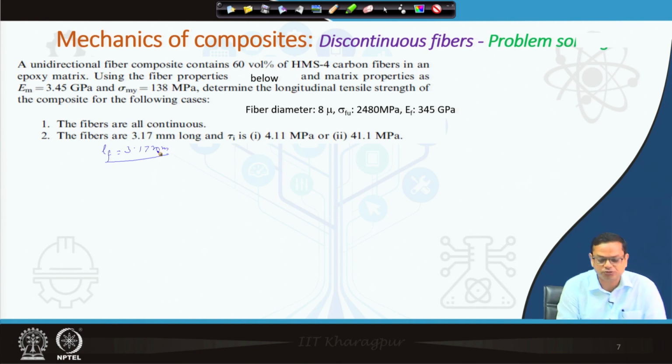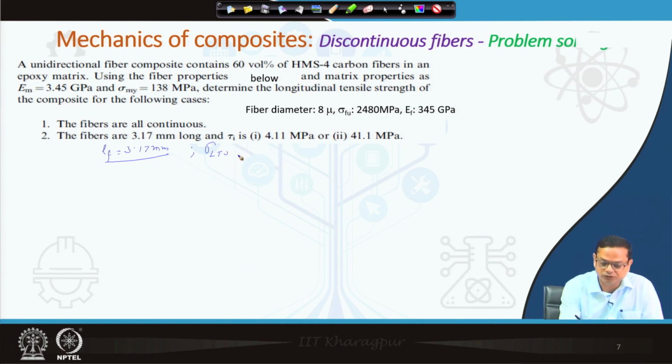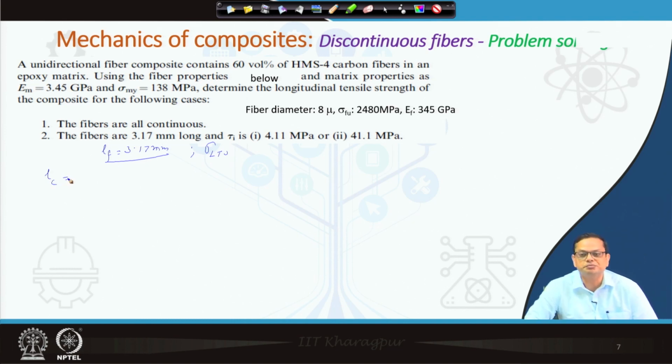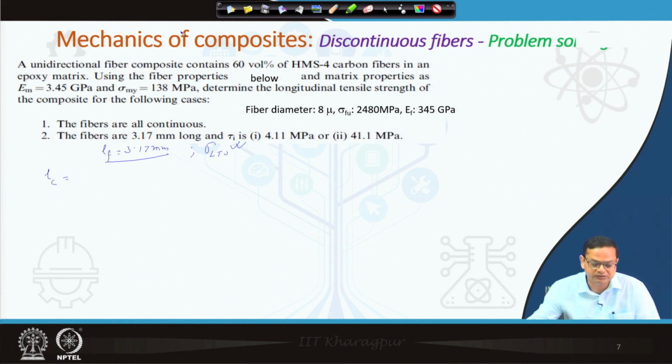Before trying to find the value of sigma LTU, we need to calculate the value of L_C, the critical length, because you have to see whether L_F is more than the critical length of the fiber or less than. Based on that, the equation for sigma LTU will change. So L_C you have to find out.